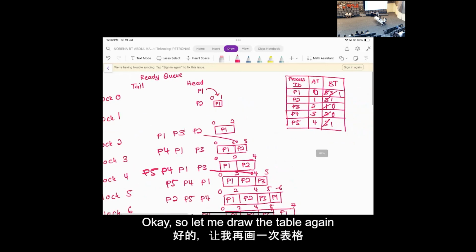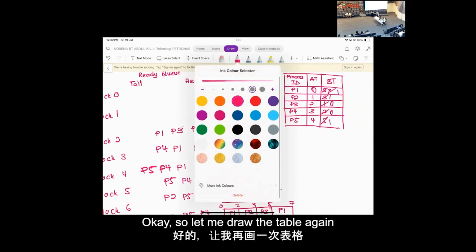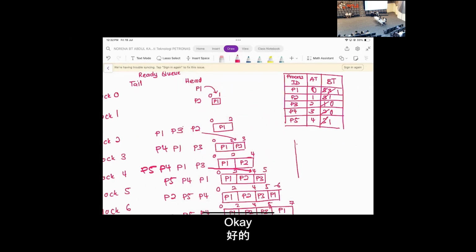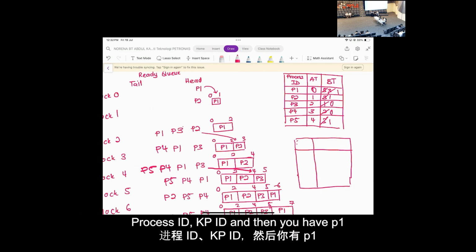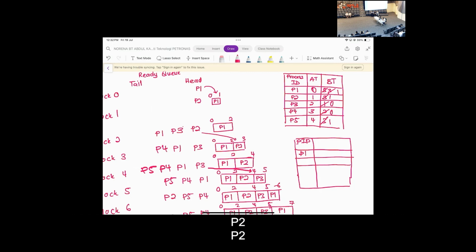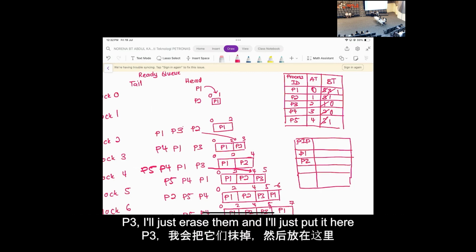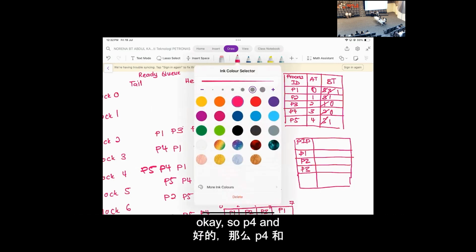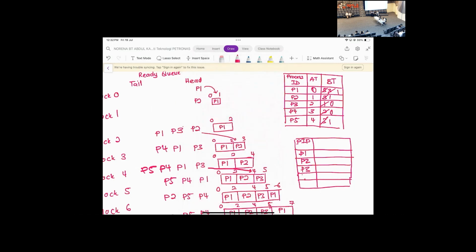Okay, so let me draw the table again. You have the process ID, PID, and then you have P1, P2, P3, P4 and P5.